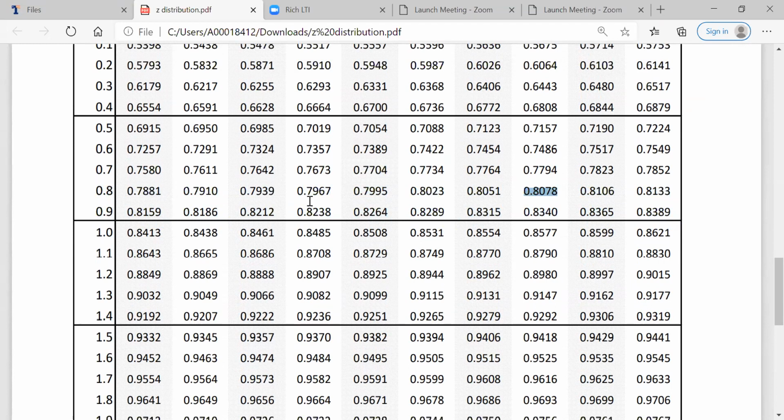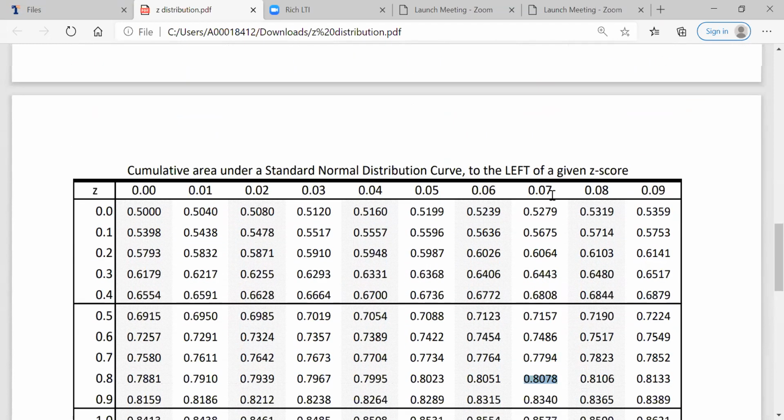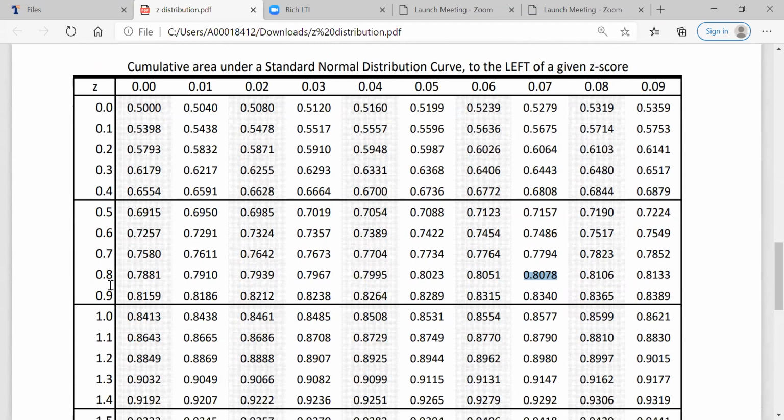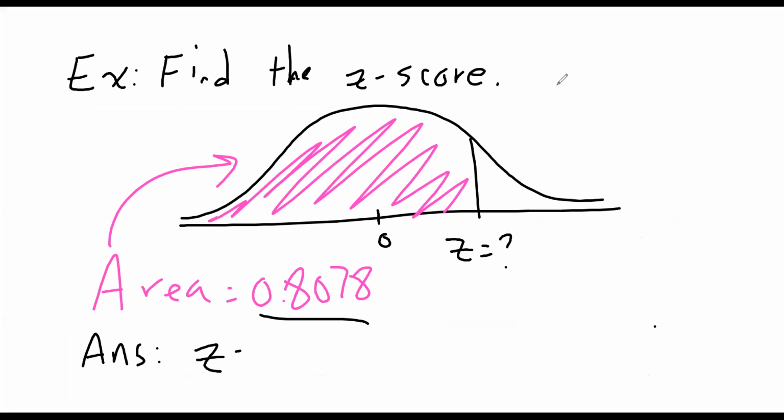To the left, I see 0.8, and on the top, I see 7. So 0.87 Z-score with 0.8078 to the left of it. And that is our Z-score. Really no calculations to do here. Just a matter of knowing where to look and finding the number that you're looking for.